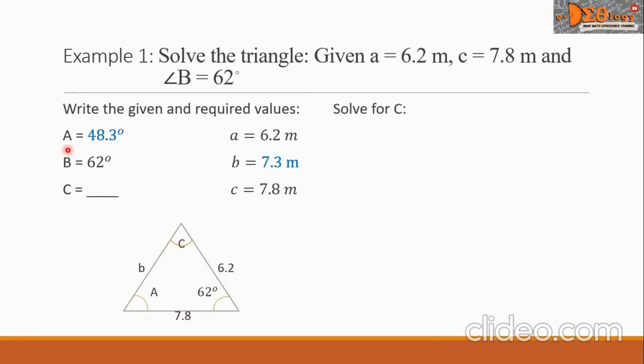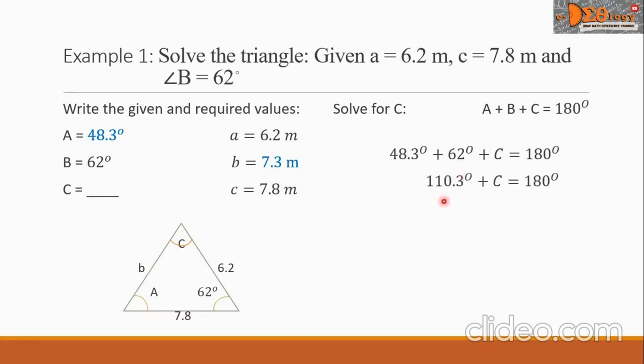So we are now to compute for C. We can now use the formula A plus B plus C equals 180 degrees, since there are two available angles here now. Substituting the values, so we have 48.3 degrees plus the B is 62 degrees plus C equals 180 degrees. Adding these two values, we have 110.3 degrees plus C equals 180 degrees.